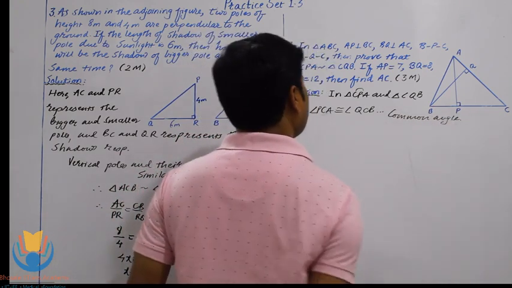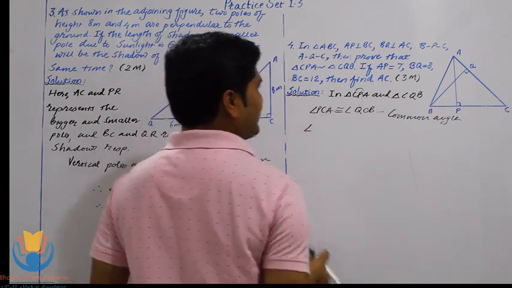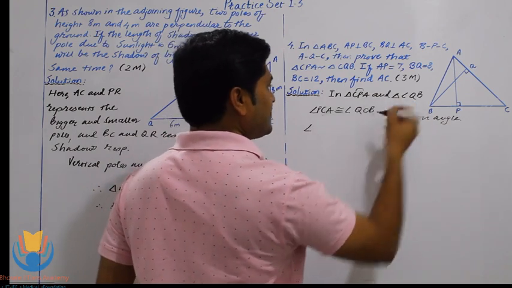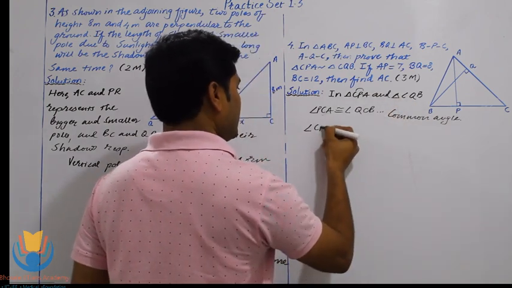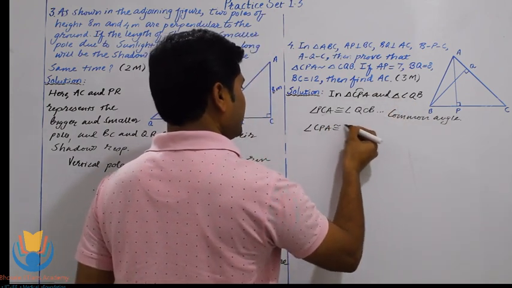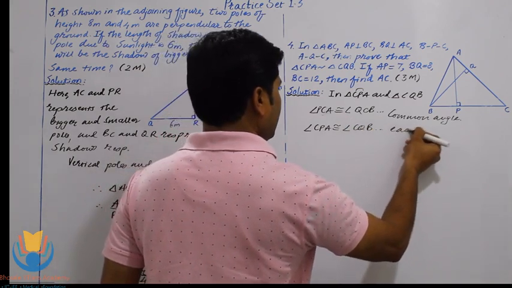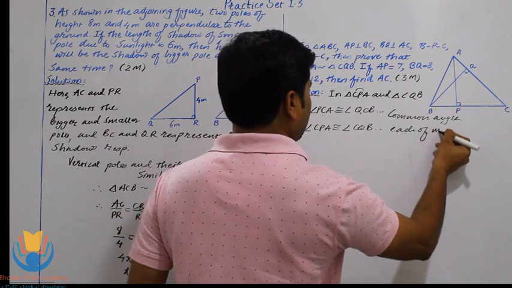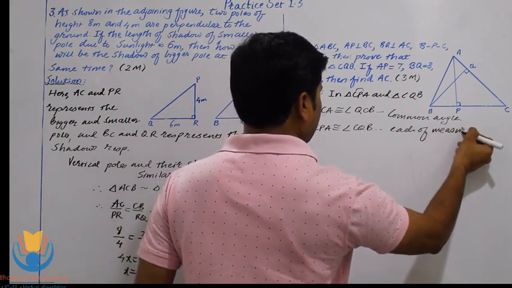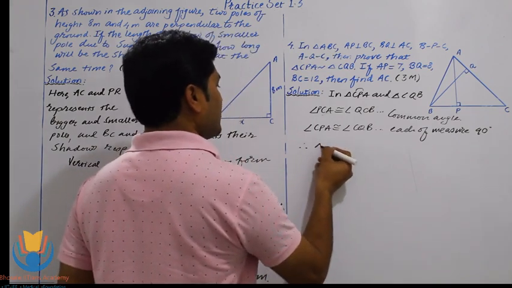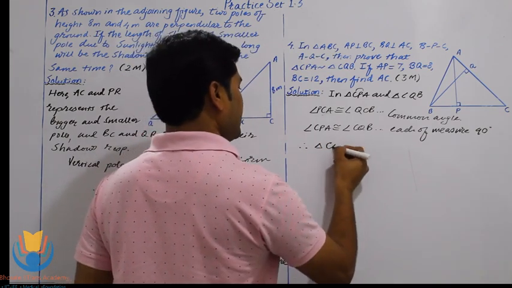And the second pair of angles will be, that is there in the name of the triangle itself, angle CPA congruent to angle CQB, each of measure 90 degrees. Therefore those two triangles became similar by a test of similarity.